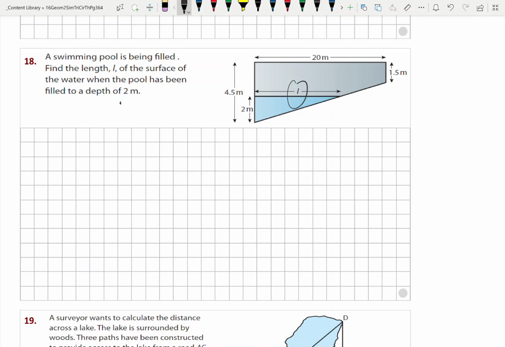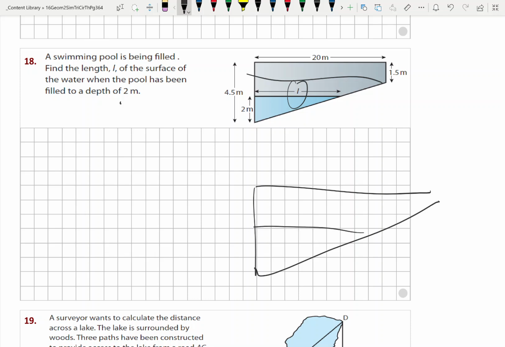Okay. So I'm going to remodel myself like I said there with that construction line across here. So we're going to have a bigger triangle and a smaller triangle. But the thing is, this bigger triangle is 4.5 take 1.5 is 3. And the smaller triangle is 2. And we still have 20 meters here.